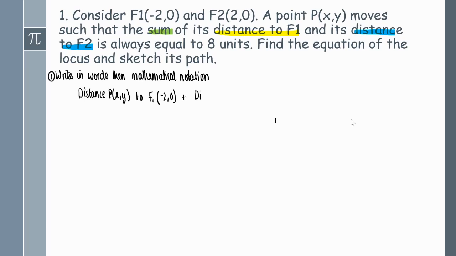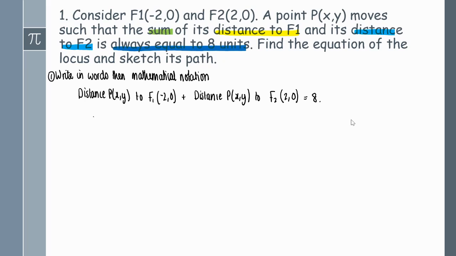So I can write plus the distance of P to F2, F2 is 2, 0. And again, if I refer back to the question, it says this is always equal to 8 units. So I'm just going to write equals 8.